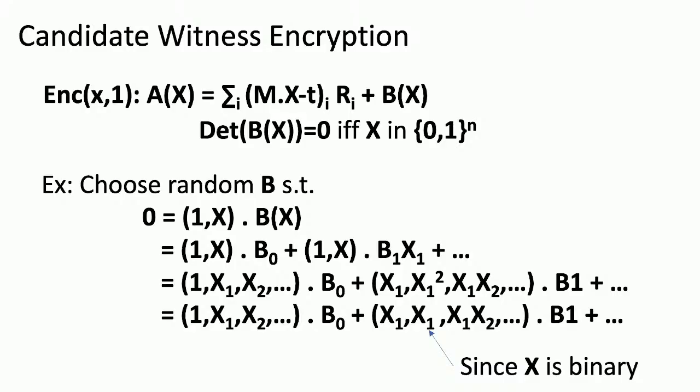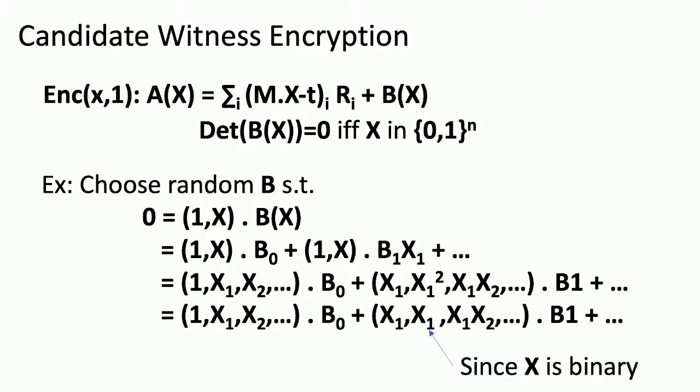I notice that when I compute this product, which has to be 0, I'm going to get some terms that are quadratic in my x variables. And the key thing to notice is that if x is in {0,1}, any square I can just erase, right? So x1 squared just becomes x1. And this is crucially not true of anything that's not 0 or 1.